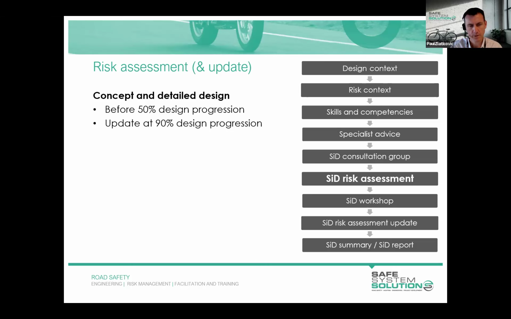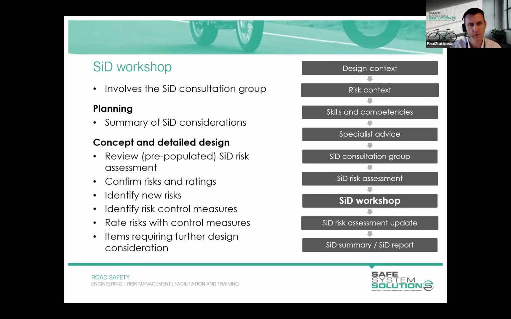So we've done a risk assessment before we've reached 50% design progression, and then we'll take that to a safety and design consultation group. We've formed our group. We've undertaken an initial preparation of a safety and design risk assessment, and that could be done by the project manager or primary engineer or designer or planner that's involved in the project.